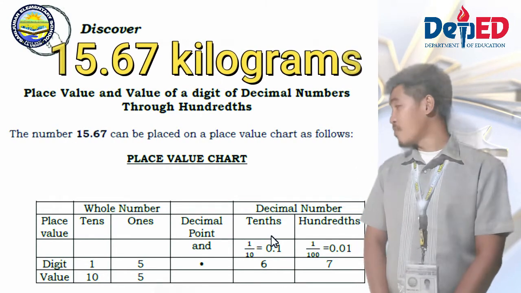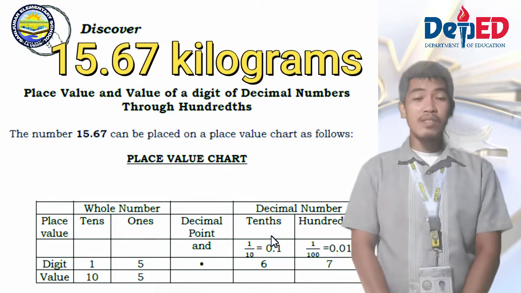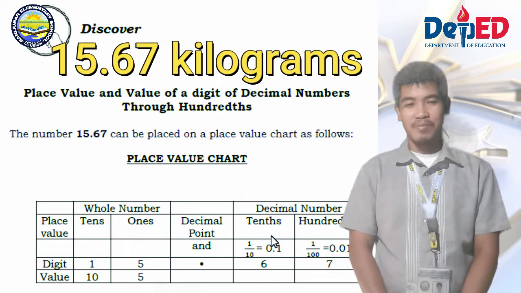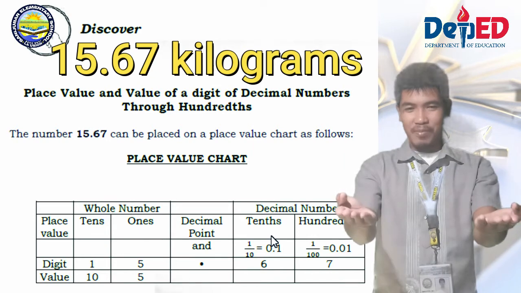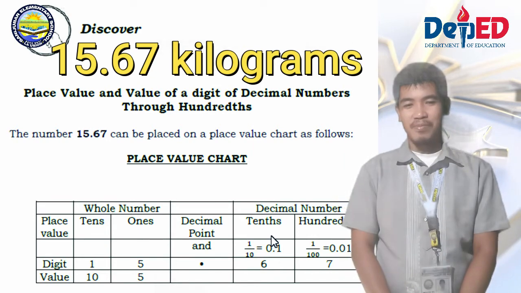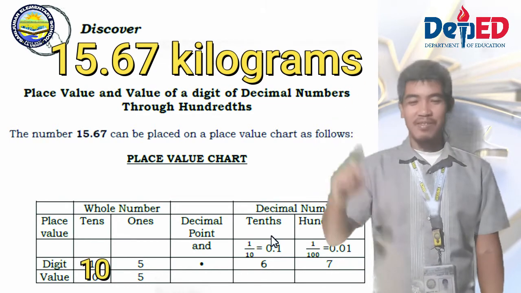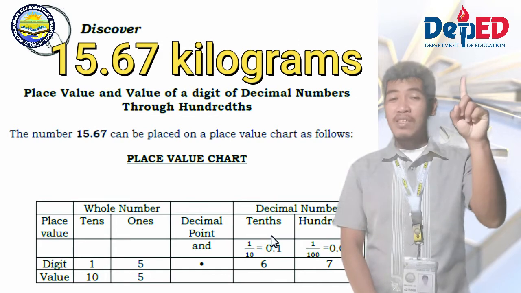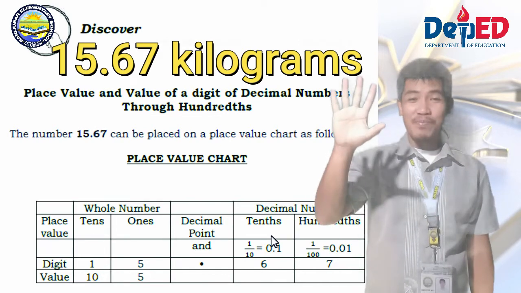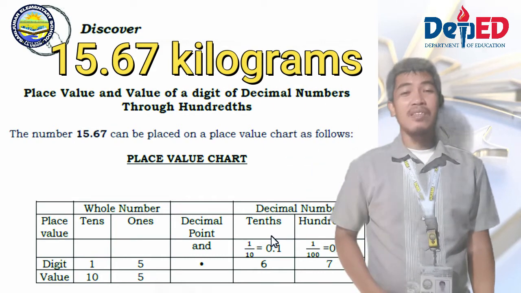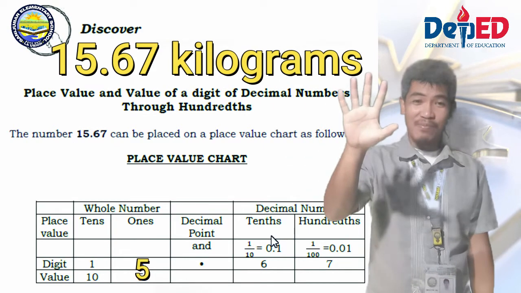Based from this table, what is the value of 1? Correct si Earl. It's 10. What is the value of 5? Tama si Jelay. It's also 5.